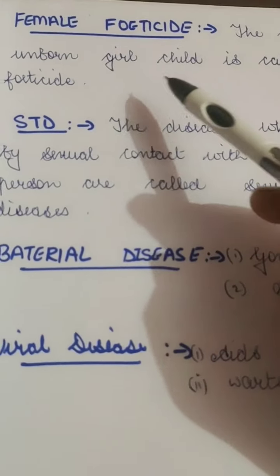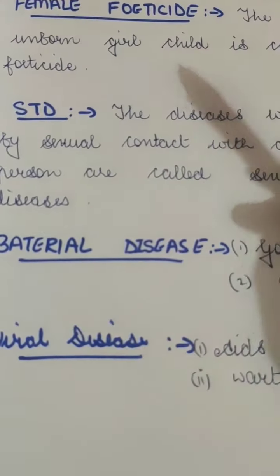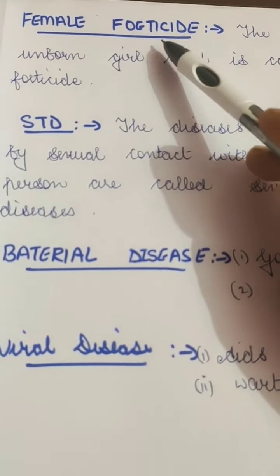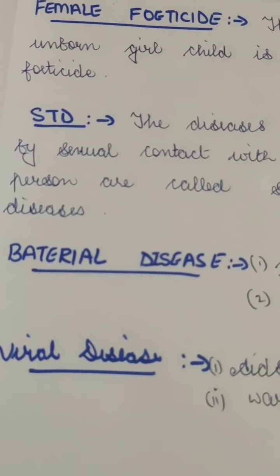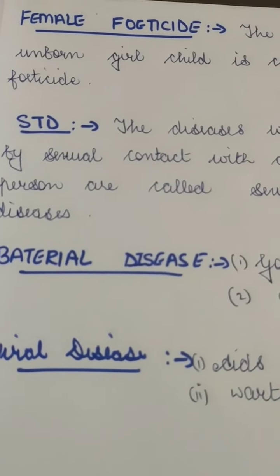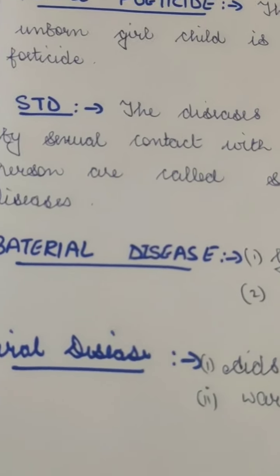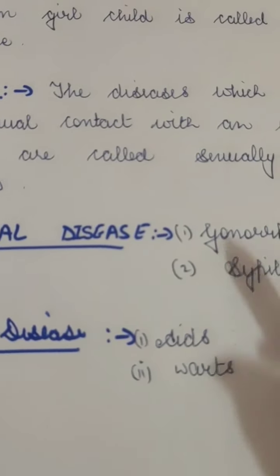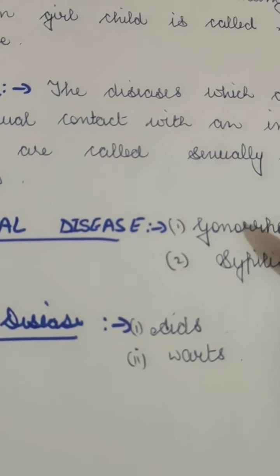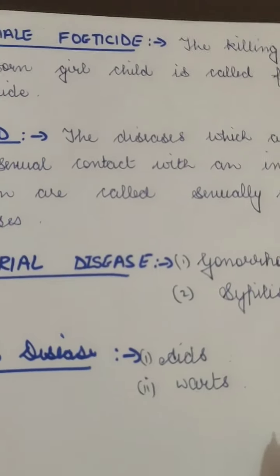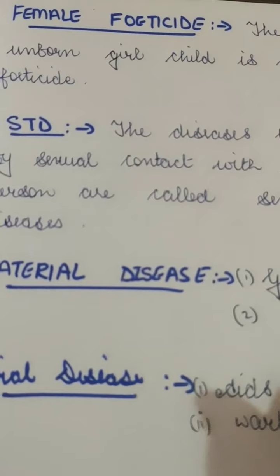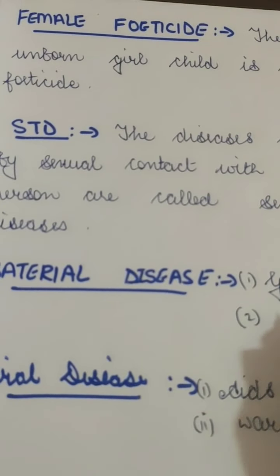Because the fetus is killed, and the girl is not born, it is still a fetus, so it's called feticide. It reduces the number of girls. They just avoid girls taking birth, because in society there are some laws that if there is any problem, surgical operations can be done and the pregnancy can be terminated after 8 weeks of conception.